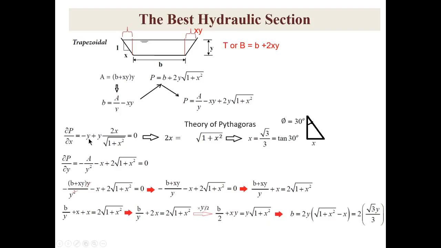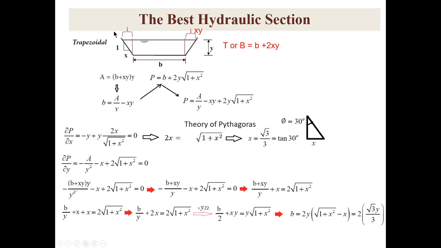I can shift this minus sign to this side, therefore it would be positive, and then I can divide both sides by y. Therefore you see that I have just this one, 2x over root of 1 plus x squared equals 1. Yes, that's okay. 2x equals root 1 plus x squared, and from here I can find the x. Yes, x should be root of 3 over 3. This is my x value.